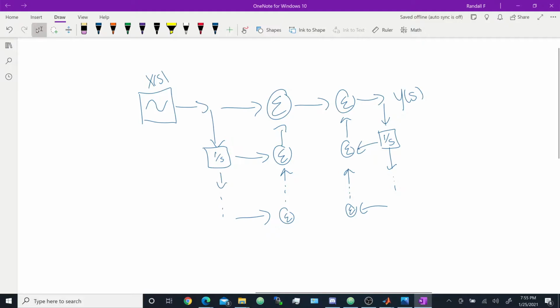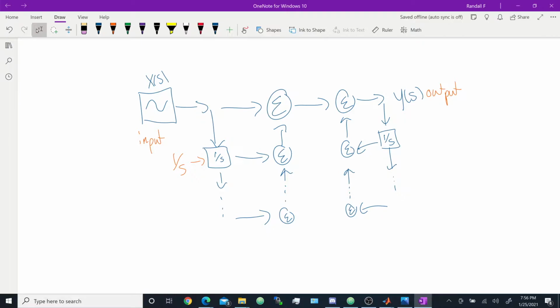This 1 over s term, that is what we call an integrator, and if you don't know what that is, it's basically if you take the frequency transform, or the Laplace transform, or the Fourier transform of an integral, you get 1 over s.